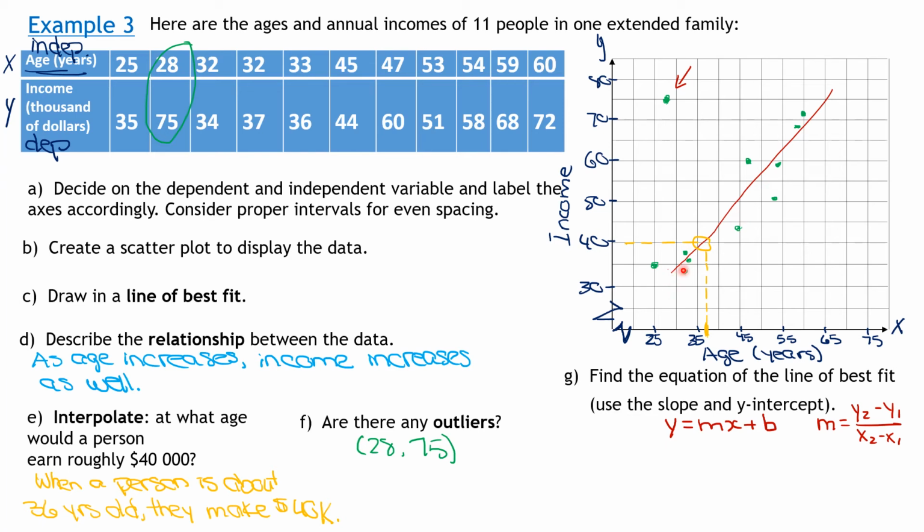Now I didn't actually go through any points, so that makes it a little bit harder. If you actually see your line pass through a point here, then you could use this one as one of your coordinates. So I'm going to just go on my line and label a few. I know your line isn't the same as mine, but you may as well use the same points I'm using just so that we get the same values.